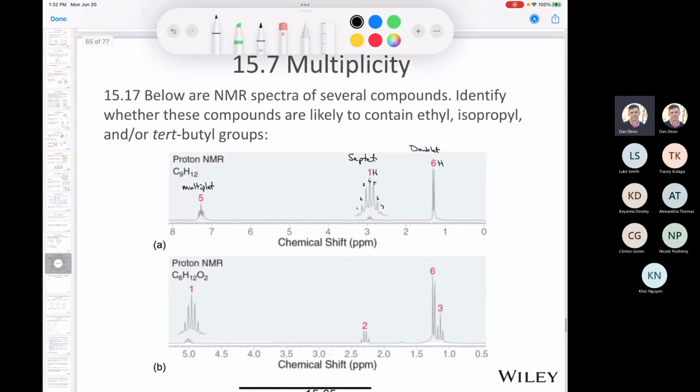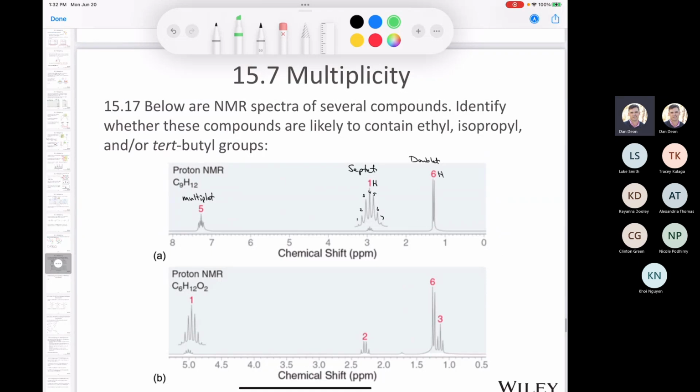Can anybody tell me in A, do you see either an ethyl or an isopropyl or a tert-butyl group in this spectrum? There's one of these in here. Could anybody tell me which one is present here? Yeah, absolutely.